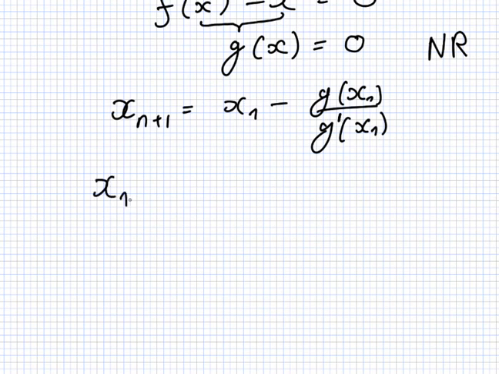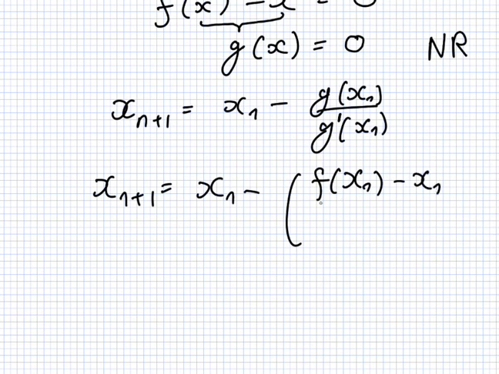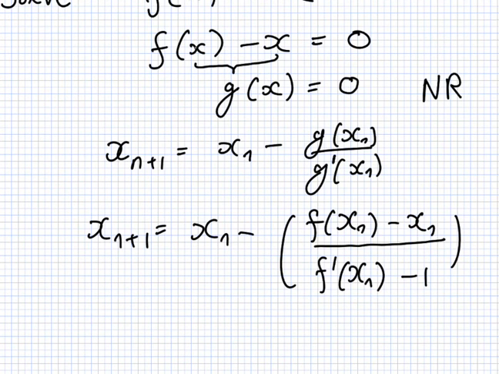But we know what g is. g is f of x minus x, and the derivative will be f derivative of x n minus 1. The derivative of this g here. Here's the g.